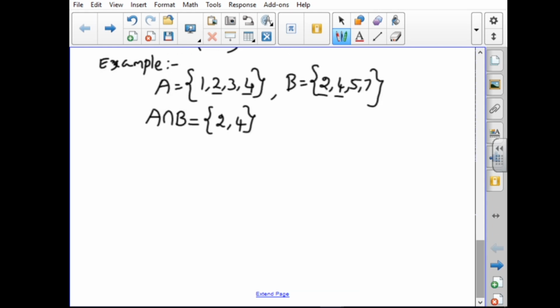Then the fourth one is difference of two sets.